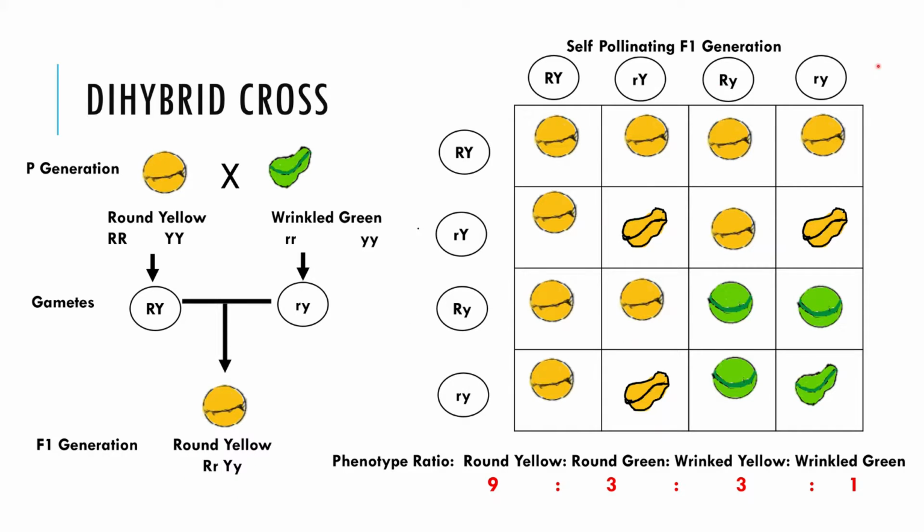Now self-pollinating the F1 generation, these four are all the possible gametes that can be formed from this, and crossing these we can see what will be the phenotype, and we see that 9 of the progeny could have round and yellow, that is both dominant, and subsequently 3 of them could be green round and 3 wrinkled yellow and 1 of it wrinkled green, giving rise to a phenotype ratio of 9:3:3:1 in a dihybrid cross.